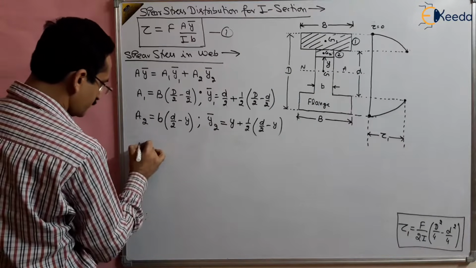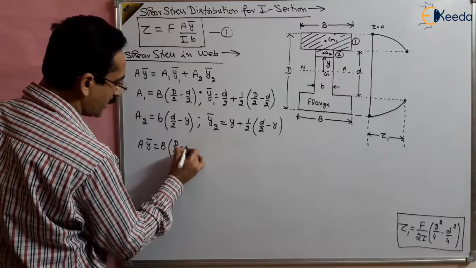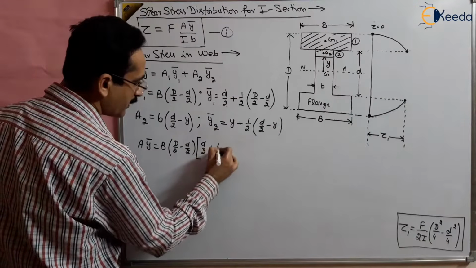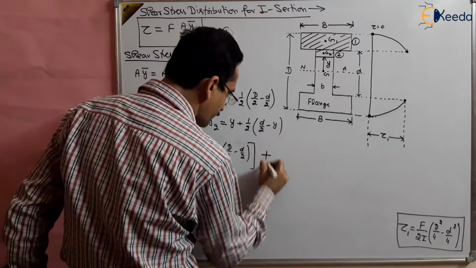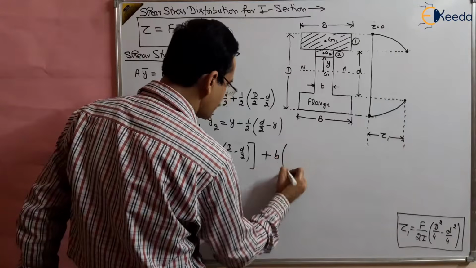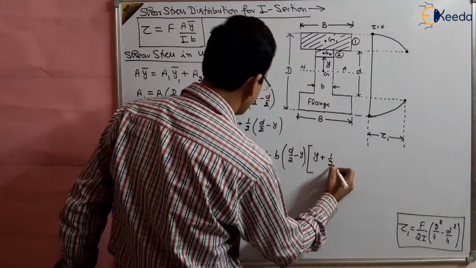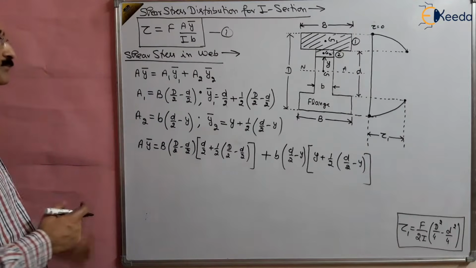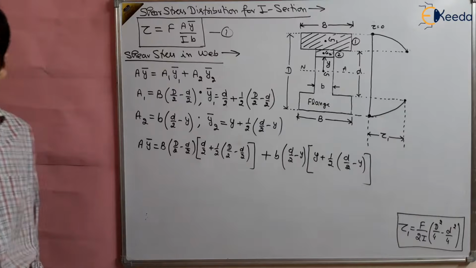So A y bar will be equal to B times (D by 2 minus d by 2) multiplied by (d by 2 plus half of (D by 2 minus d by 2)), this is A1 y1 bar, plus A2, which is b times (d by 2 minus y), multiplied by this part, y plus half of (d by 2 minus y). So this entire value is A y bar, right?